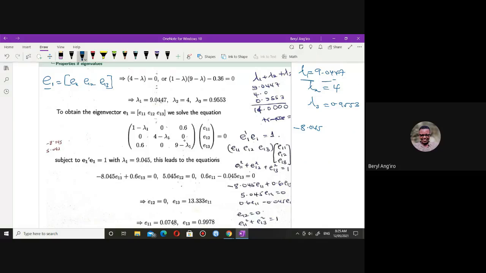Then here we have 4 minus lambda 1, that gives negative 5.045, and then we have 0.6, and here we have negative 0.045. This is multiplied by E11, E12, E13, and then we equate to 0.